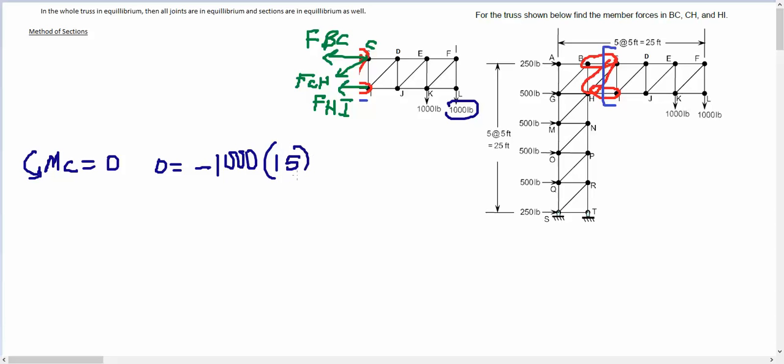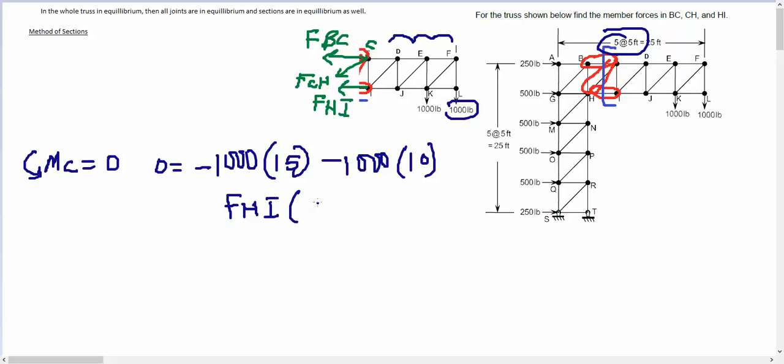Now that's 15. We were told that each one is 5, so 5, 5, 5, 15. The second one is 10, negative because it's going in a clockwise direction. And then we have FHI here, a distance of 5 as well. And this is also going in a clockwise direction, so this will be negative.